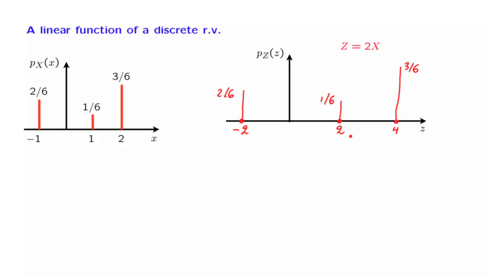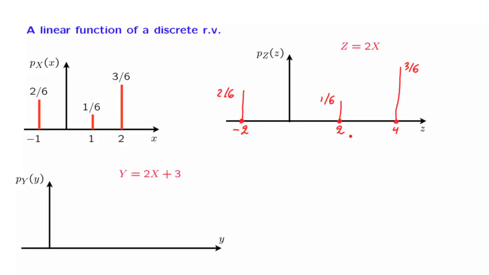Let us now consider the random variable y defined as 2x plus 3, or what is the same as z plus 3. With probability 2/6, z is equal to minus 2, and in that case y is going to be equal to plus 1.